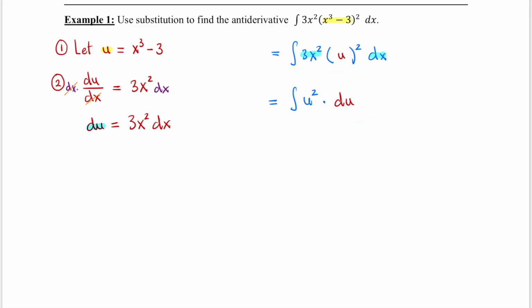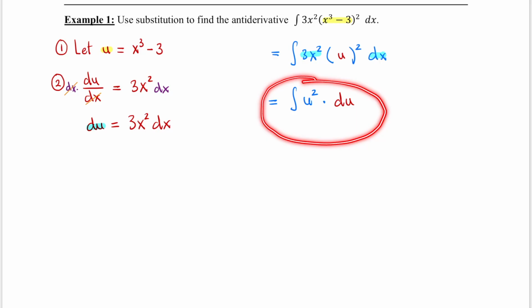Notice what happened here. We no longer have x to the third minus 3. We no longer have 3x squared. We no longer have dx. Everything now is written in terms of u. That is exactly what we want. When we substitute, we must turn the whole integral into u, not leave some pieces in x.